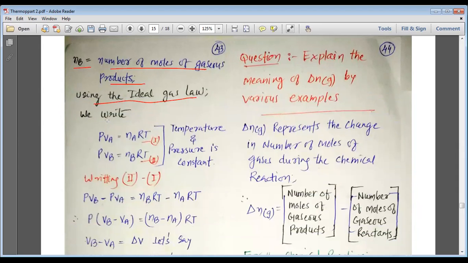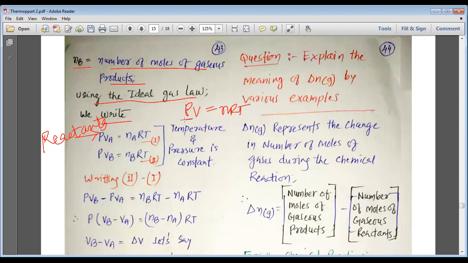then using the ideal gas law, for reactants, my dear students, we can easily write that PVA is equal to NART, because we are very well aware that PV is equal to nRT.